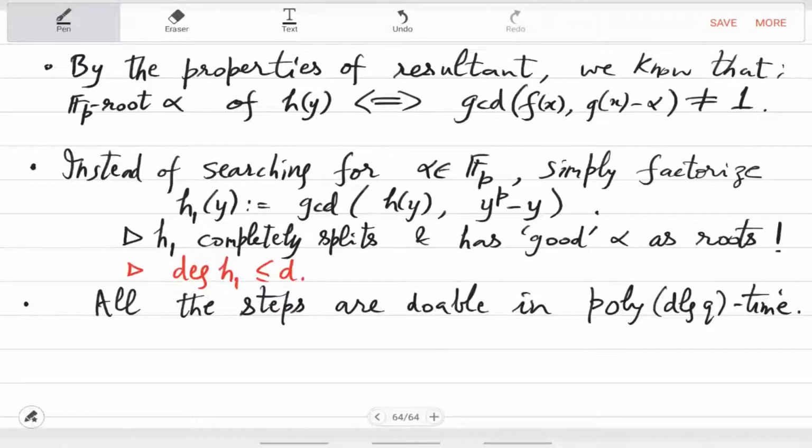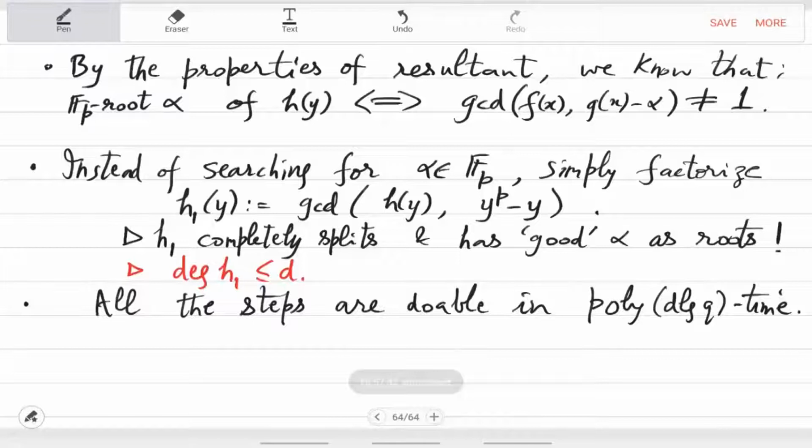Okay, this is truly polynomial in the input size. Input size was D log Q: D many monomials in F, and each coefficient log Q bits. So it was really D log Q, and you are doing everything polynomial in that. Any questions? So this is the reduction.